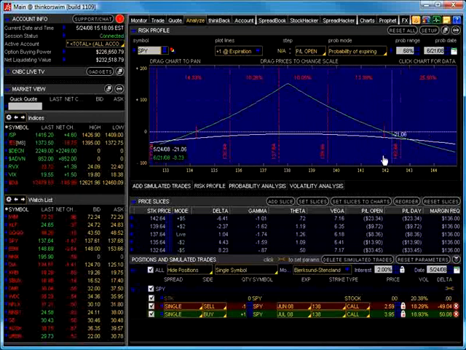Our maximum gain and maximum profit on the position is achieved at the exact price that we sold this call for, which in this case is the 138. That's the strike price of the call that we sold. We would achieve the maximum profit if at expiration this stock remained exactly at 138.